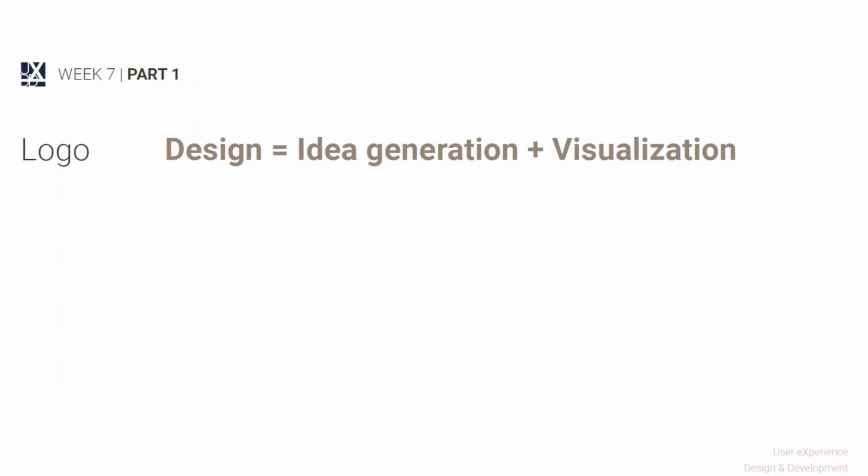So keep in your mind that design is basically composed of idea generation, where you develop the content into an idea, and then after that, when you have that prepared, you can move on to the visualization. So design as visual communication is composed of two parts: idea generation and visualization both.